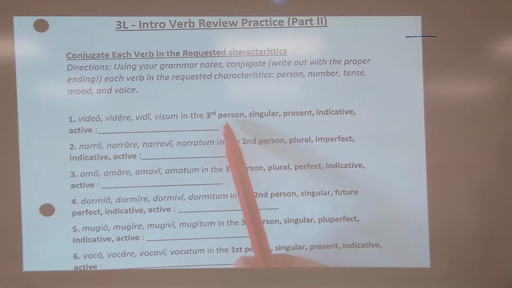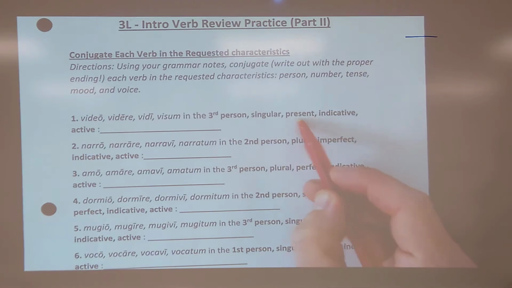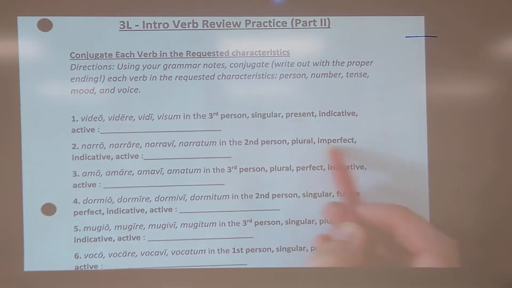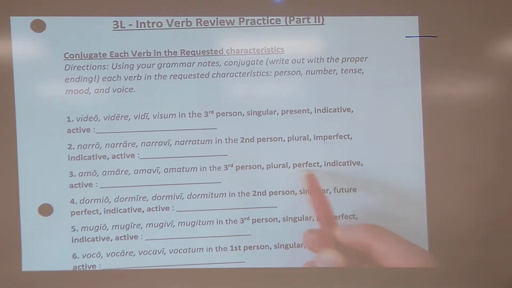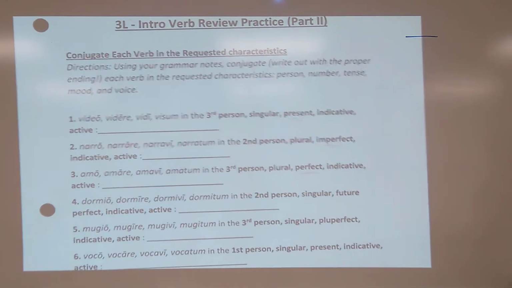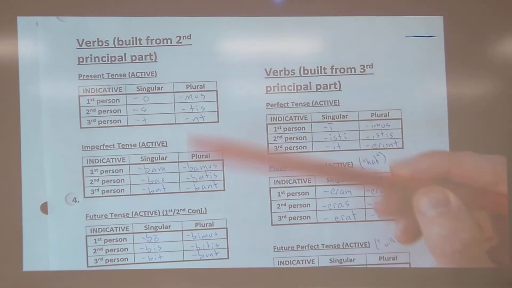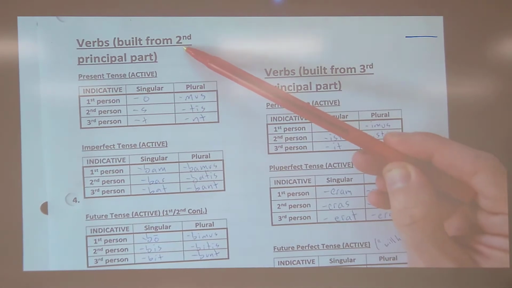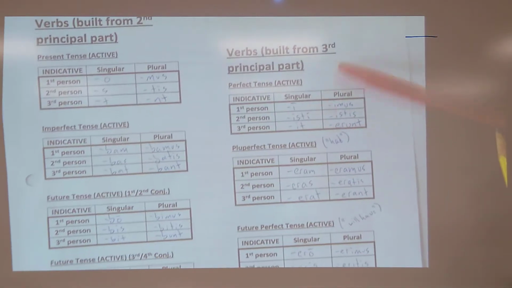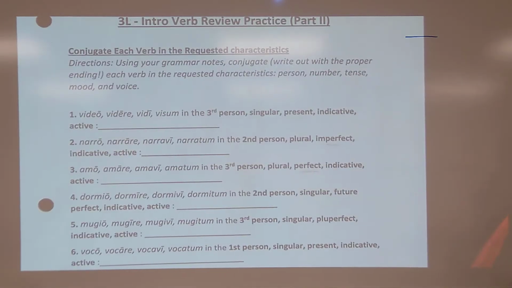Based on the tense, you have to know which principal part we're going to use. The tenses on the left are built from the second principal part, and the tenses on the right are built from the third.